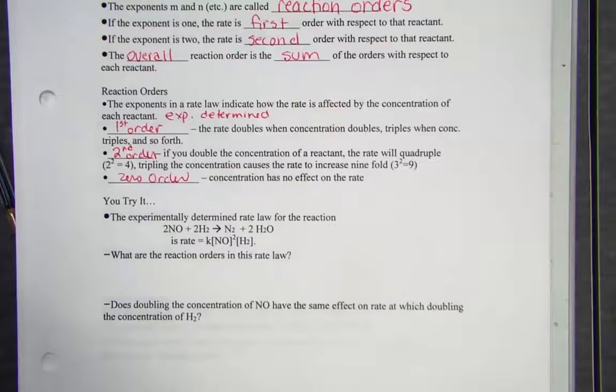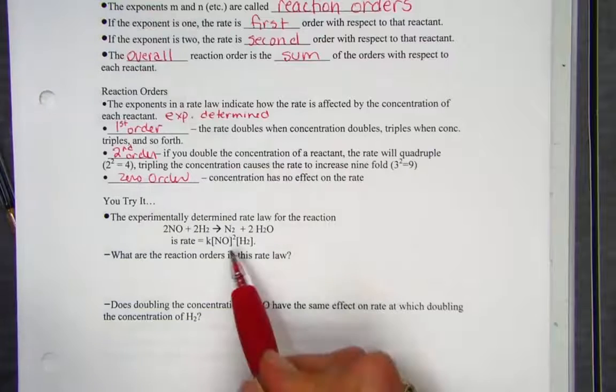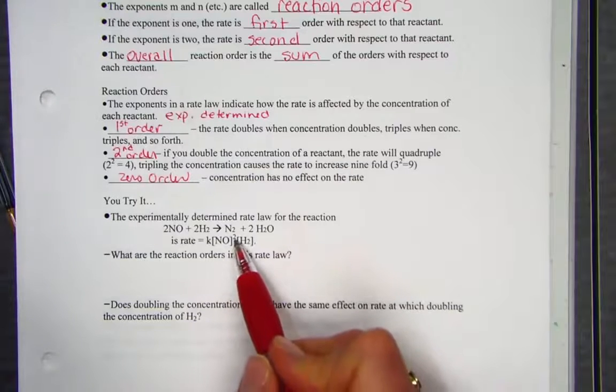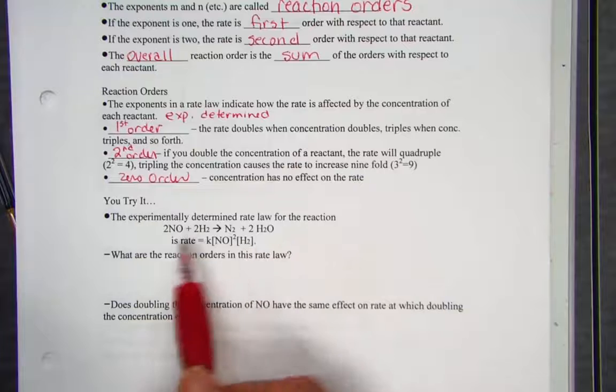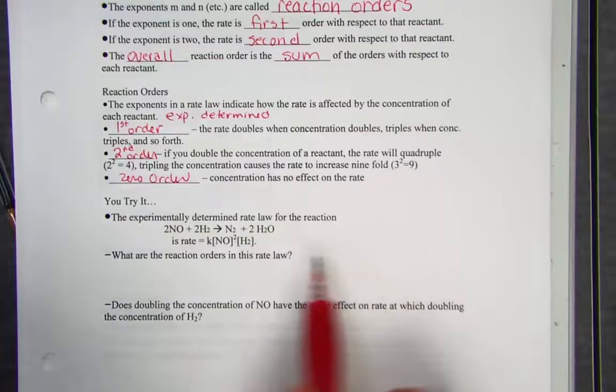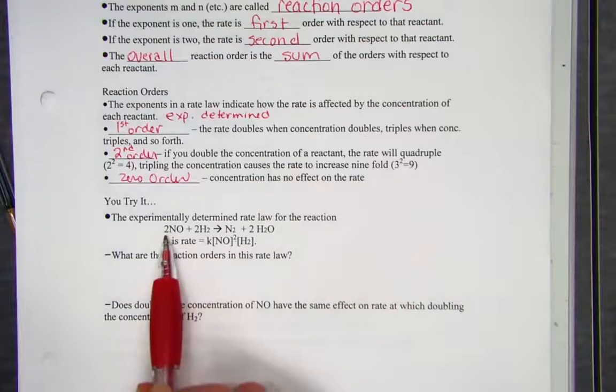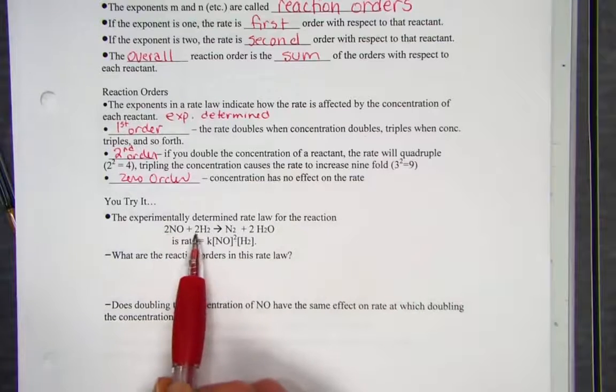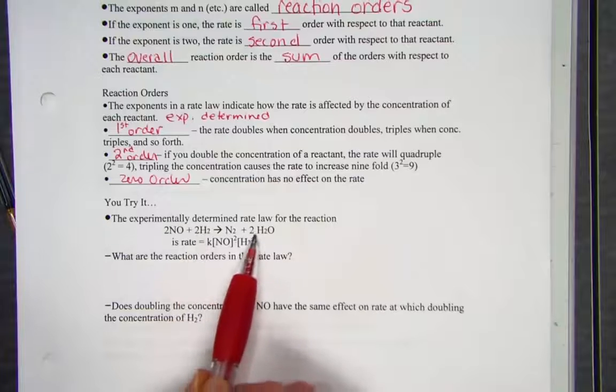The experimentally determined rate law for the following reaction is rate is equal to K, NO squared times H2. Notice the coefficients, they may or may not match. There is a 2 in front of NO, but there's also a 2 in front of the hydrogen, but it's first order.